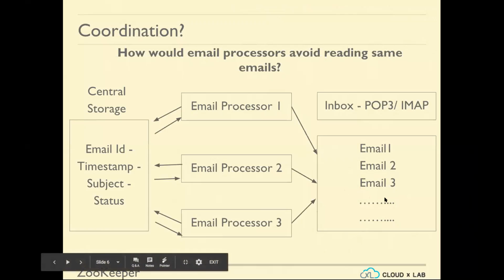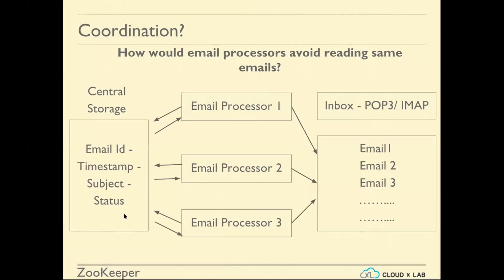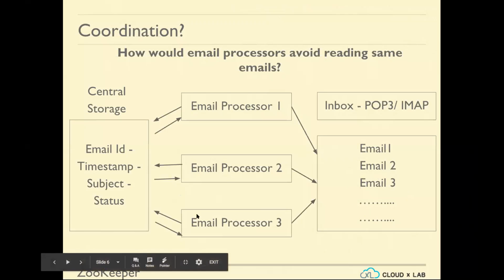It will go to the inbox, read the unread emails, and then go to the central storage, and basically it will keep on trying to get the lock on that particular email ID. That's what it will do. It'll take the unread email IDs and put them in central storage, and then the processors will keep on trying to get the lock on those records.